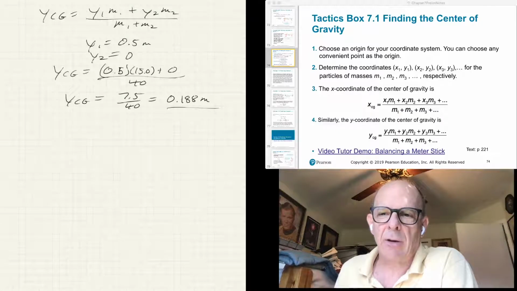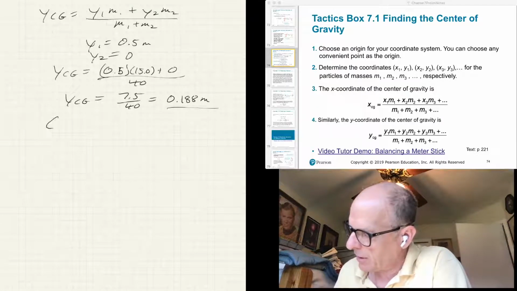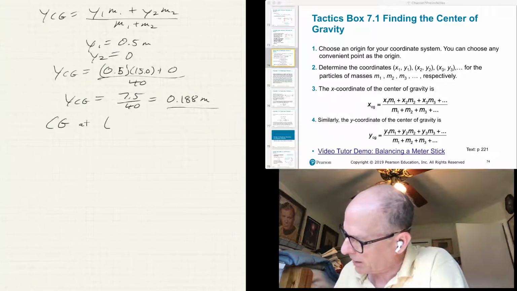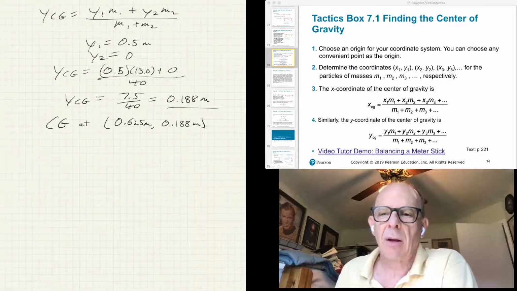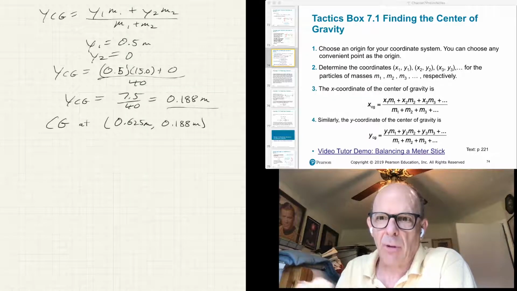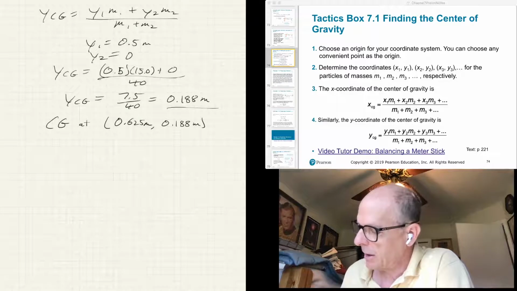So those are the x and y coordinates. The center of gravity is at 0.625 and 0.188 meters. And that makes sense. It's low because most of the mass is in that horizontal beam at the bottom.